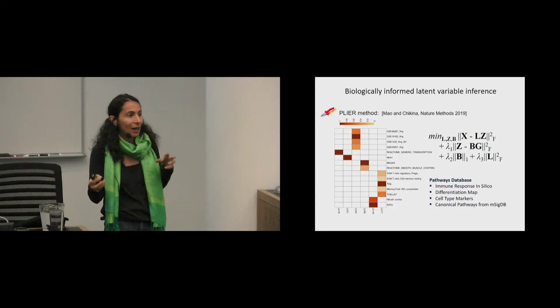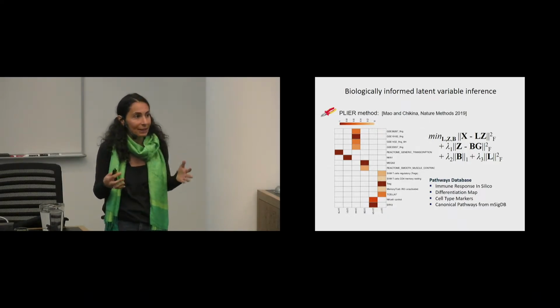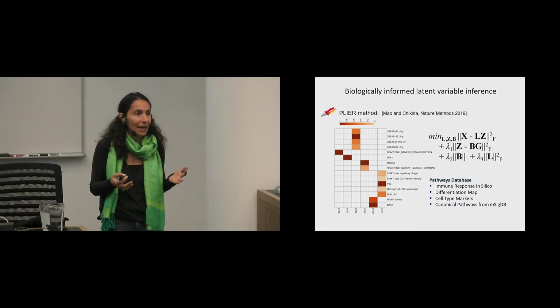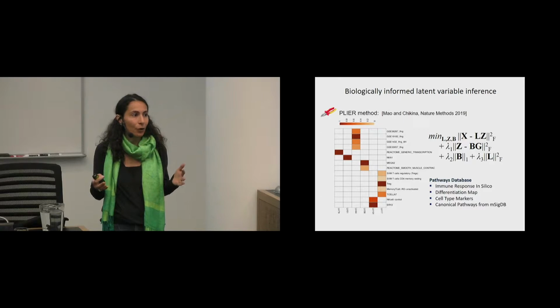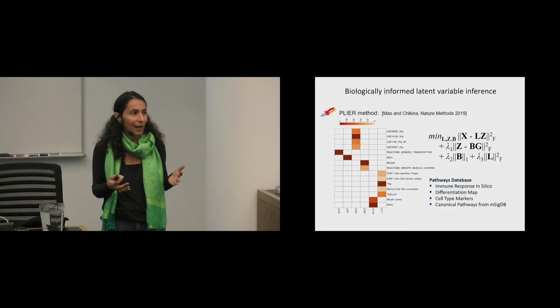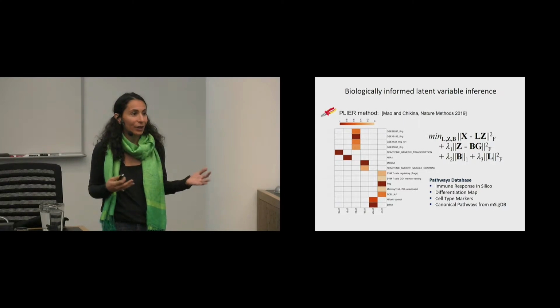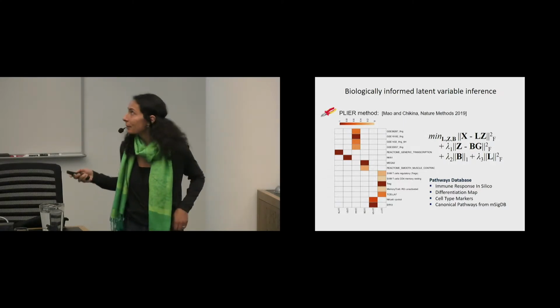So in a way, it's tying our loading to representation in gene set and pathway space. This is really nice because for each of our factors, we now know which pathway it represents, and that automatically gives us a lot of interpretability. We can think about, for example, a factor activating the nicotine receptor, and then we know that's probably associated with people smoking or not smoking in our data set.